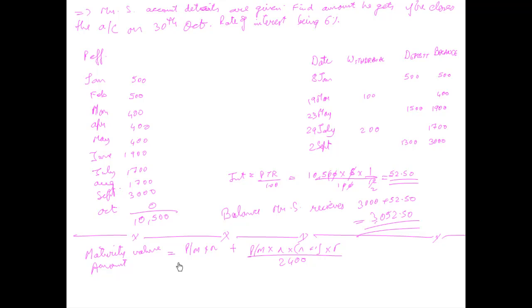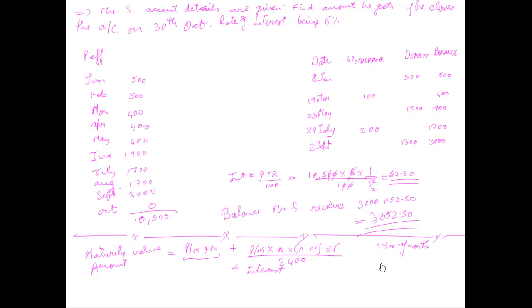Well, this is what the person gives to the bank, children, and this is the interest component he receives. Please remember that, children. If they only ask for the interest, then this is going to be the interest, where n is the number of months. It's always the number of months, children, since the time is 1 by 12 always. Rate is percentage per annum, and principal per month is the amount in rupees.